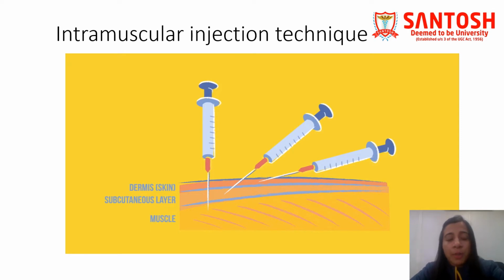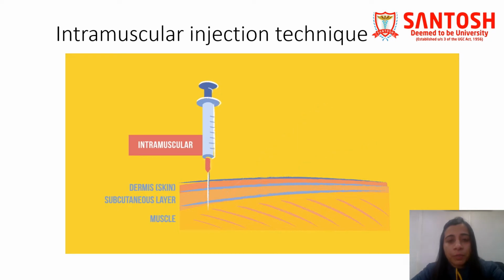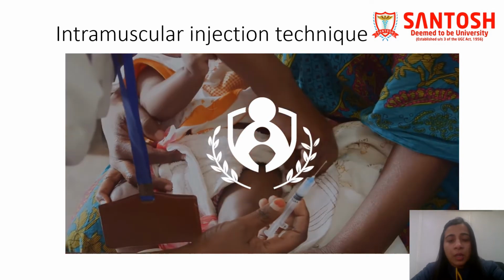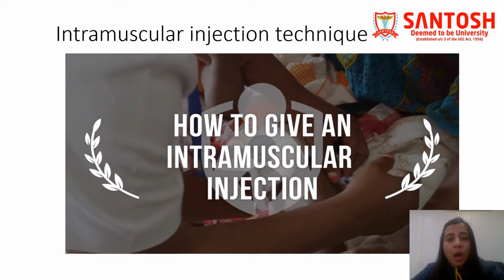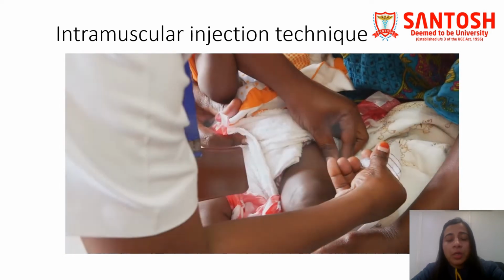So intramuscular injections are given perpendicular to the skin, that is at 90 degrees, and this video will tell you how to give an intramuscular injection correctly.